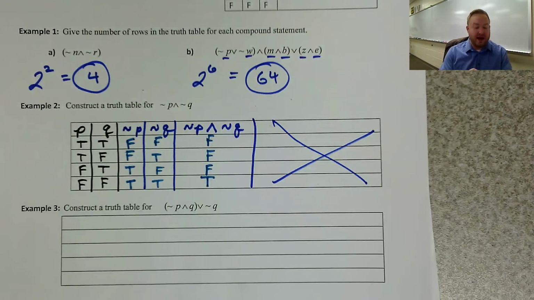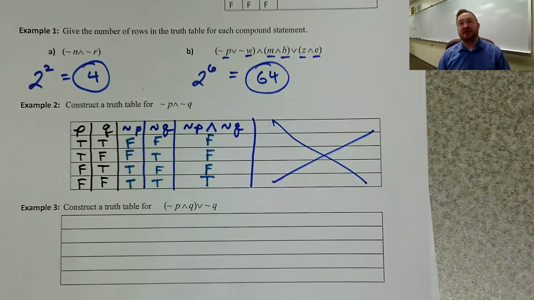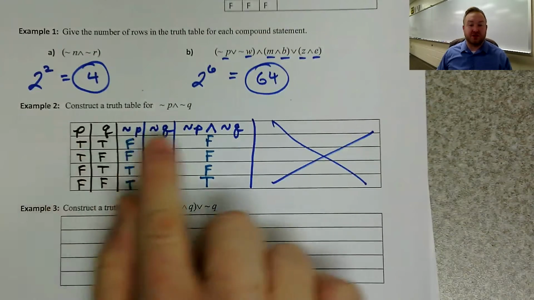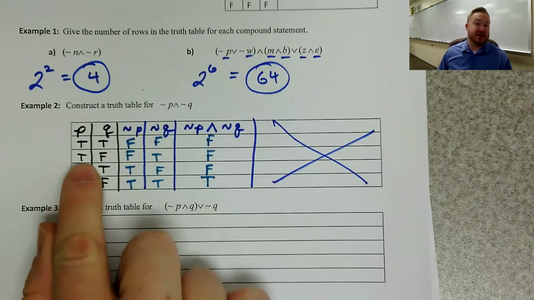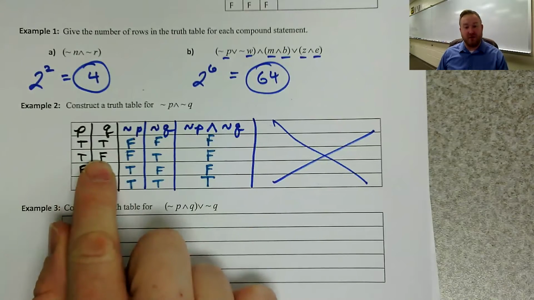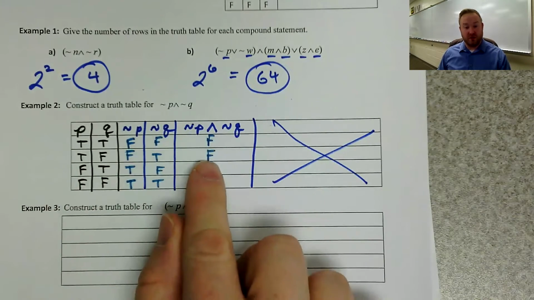We're done. What we have determined here is no matter what your P and Q represent, no matter what simple statements they represent, it could be like P could be the sky is blue and Q could be the clouds are white. And if both of those statements are true, this compound statement is false. If the sky is blue, but the clouds are not white, this statement will be false.